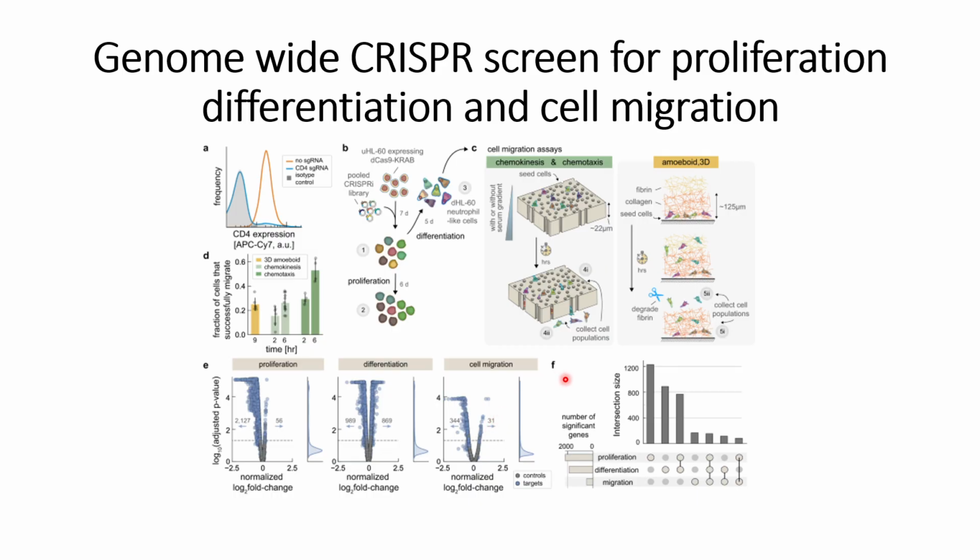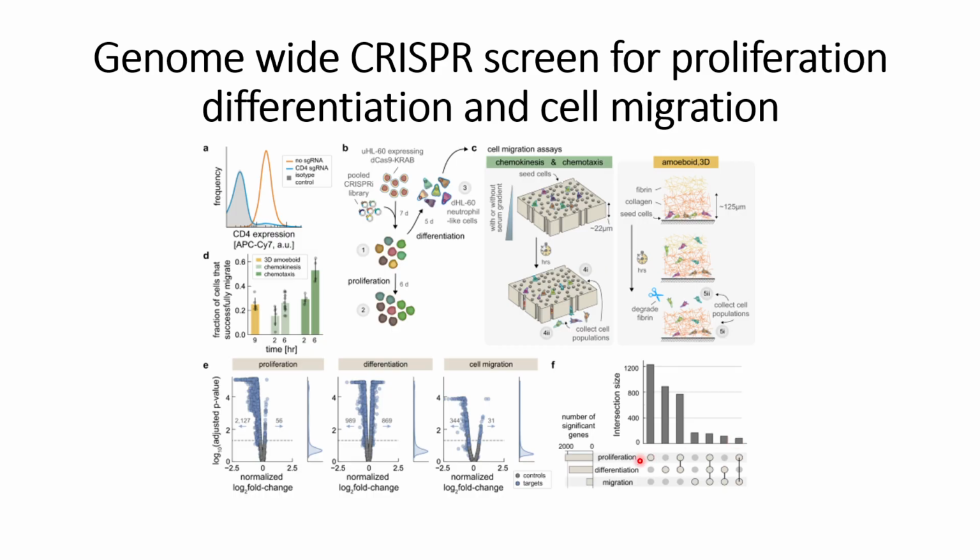Thereafter, they check which genes are common in all the cases. The total number of genes is shown on the horizontal side, and the genes that are common in all three studies are shown on the right-hand side.